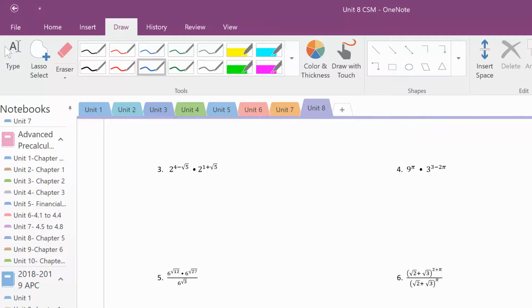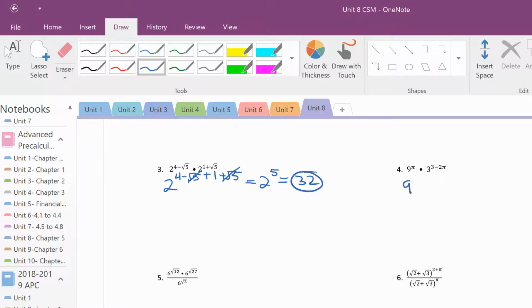And then here, when we multiply, we add. So it's 4 minus rad 5 plus 1 plus rad 5. So it's going to be 2 to the 5th, because the rad 5s cancel. And 2 to the 5th is 32.